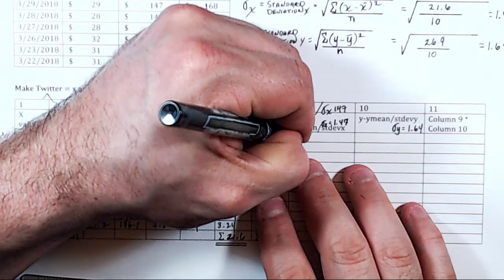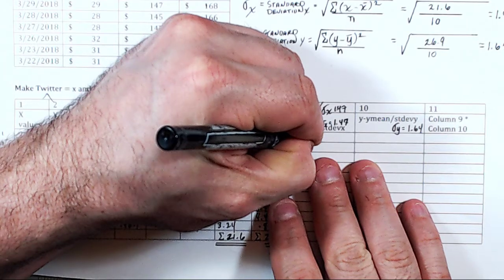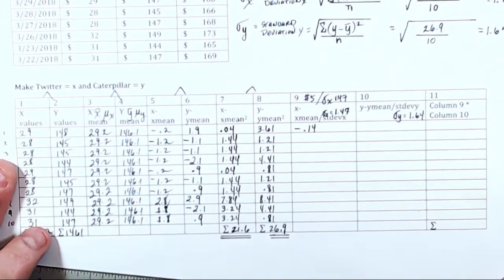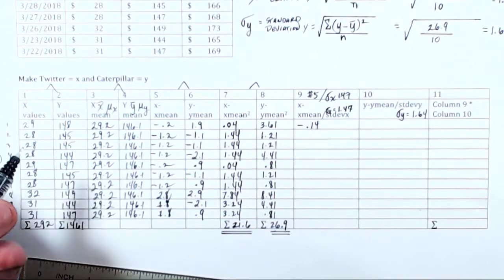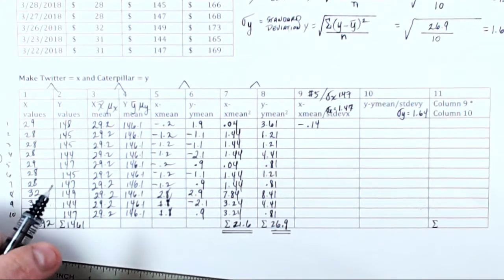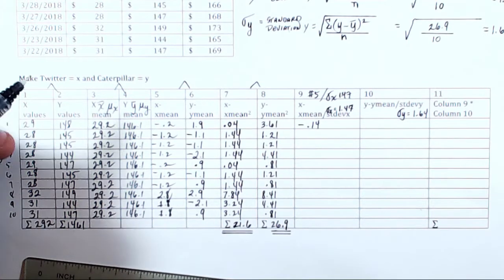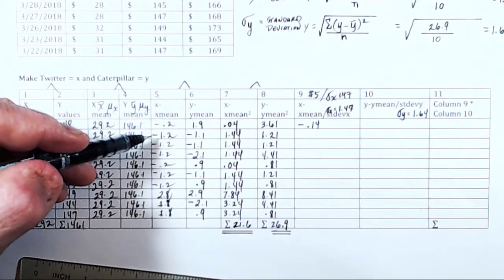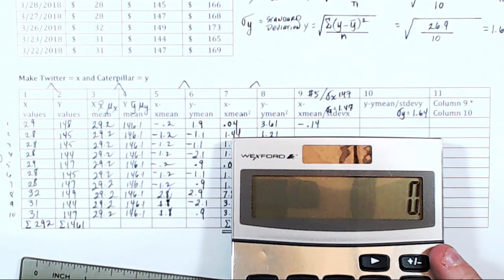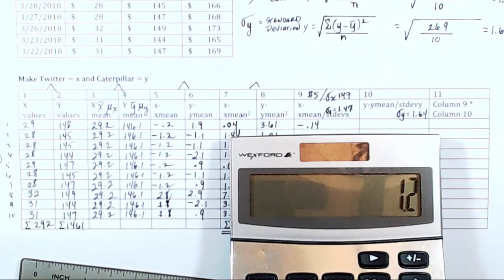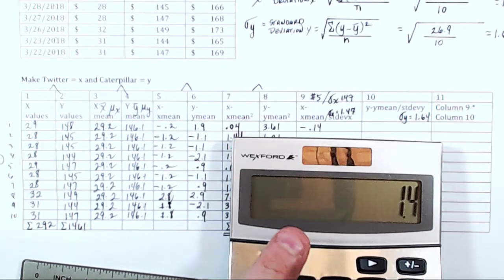Depending on how you round, this is where your differences will show up from mine. If you're rounding to different significant digits, your answer will be a little bit different, but the interpretation won't change. Okay, so let's continue. This one I need to do minus 1.2 divided by 1.47.